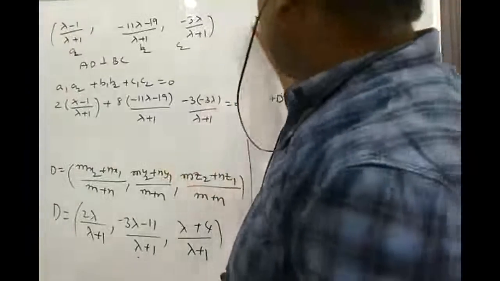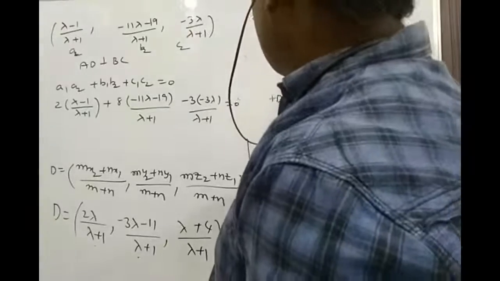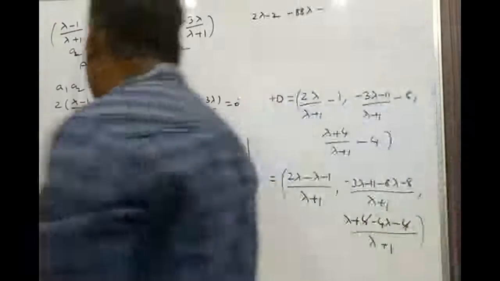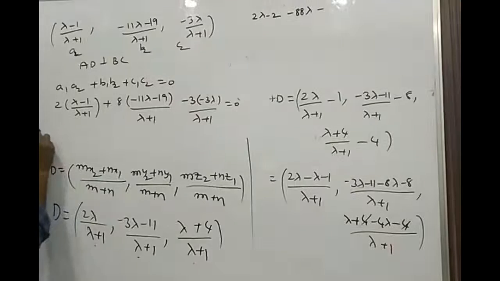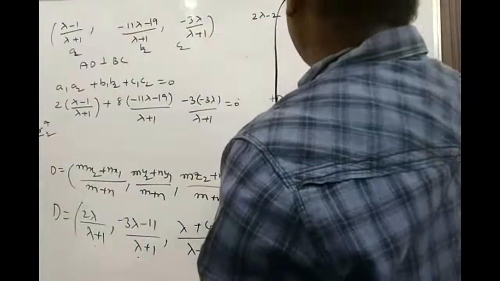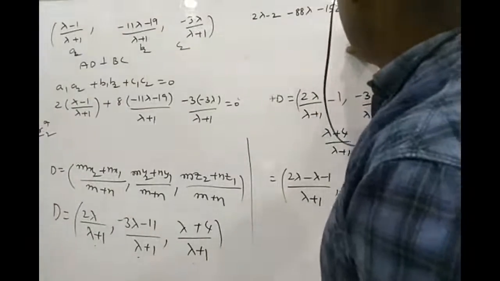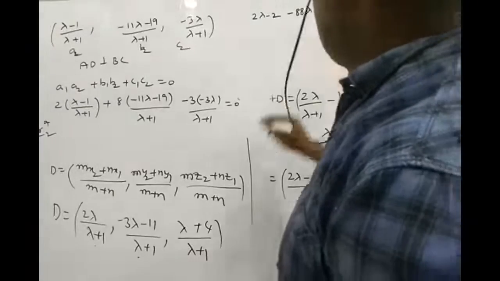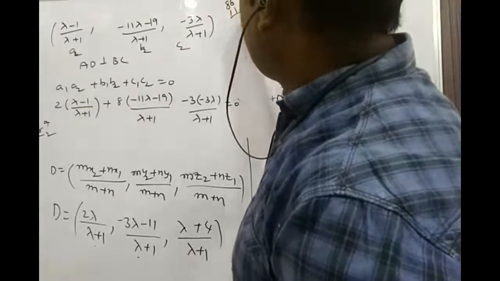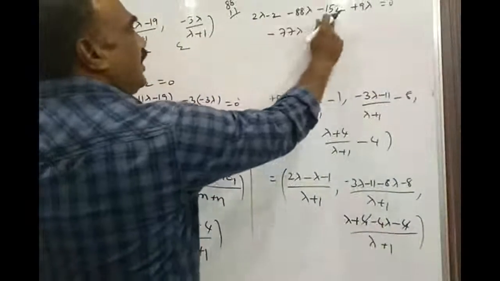Taking LCM lambda plus 1: 2 lambda minus 2 minus 88 lambda minus 152 plus 9 lambda equals 0. Cross multiply by lambda plus 1, so the equation becomes minus 77 lambda minus 154 equals 0.